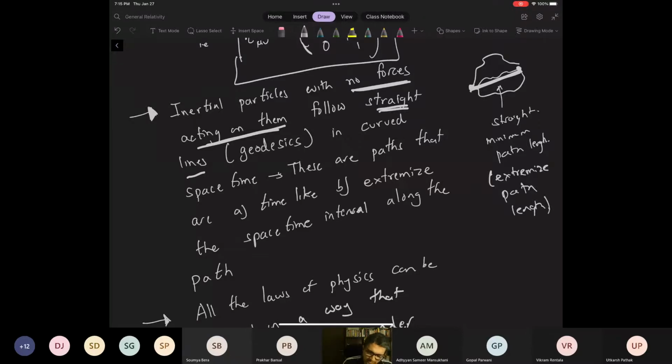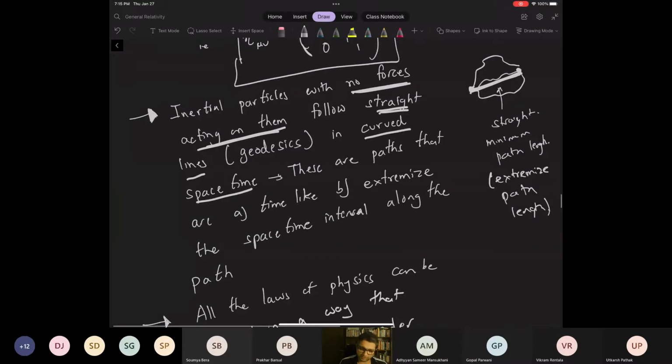So what we'll say is that in a curved spacetime, and I'll tell you how to think about what we mean by a curved spacetime, inertial particles will follow paths that satisfy 2 conditions. One is that their paths will be time-like. Remember that the distance between 2 points in spacetime is not a positive definite or positive semi-definite distance.